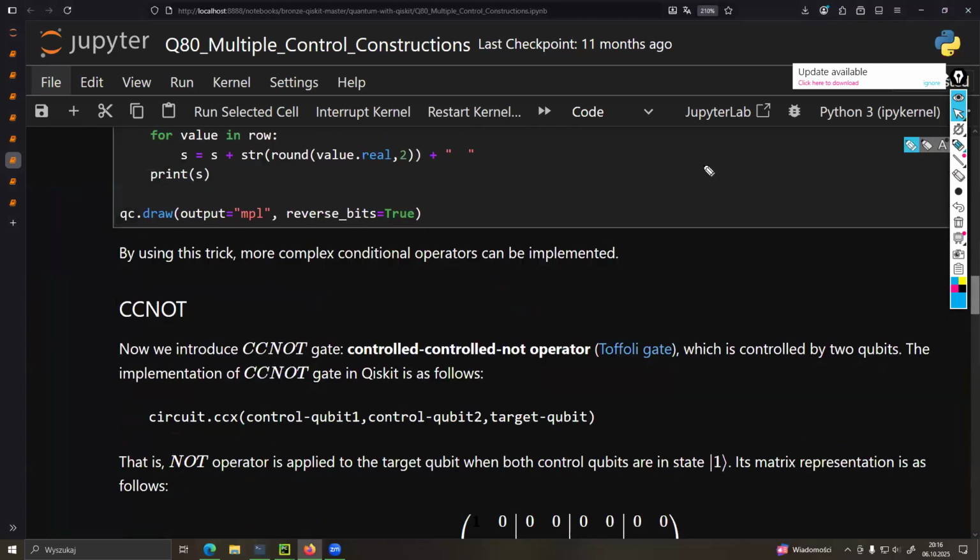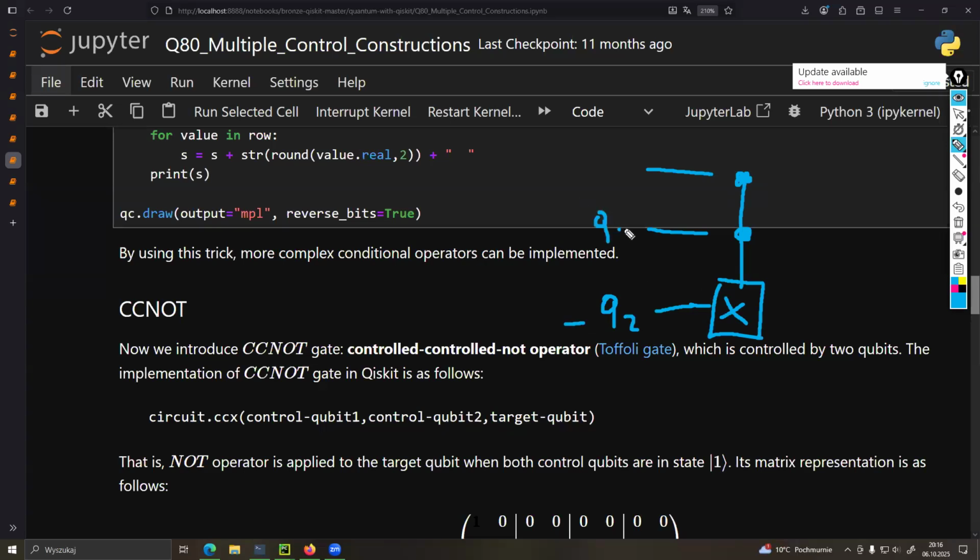So I have drawn you 3 qubits and then 2 dots, for example, and a box that represents that we will alter the state of the third qubit, which is Q2, because we have 0 indexing.